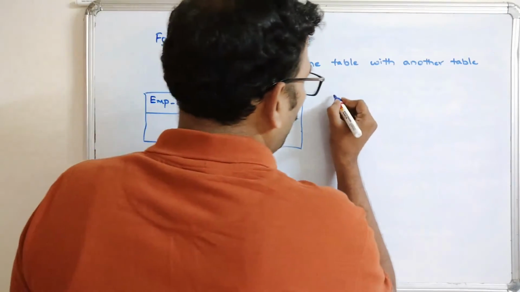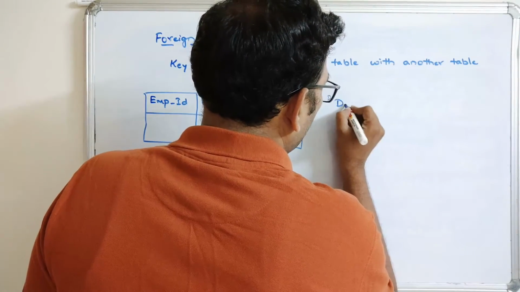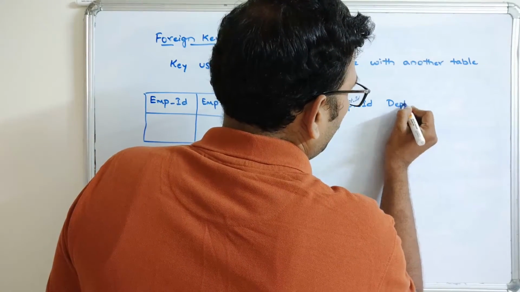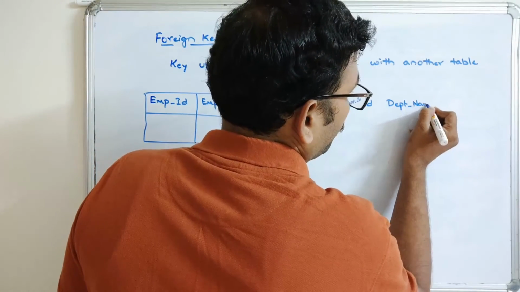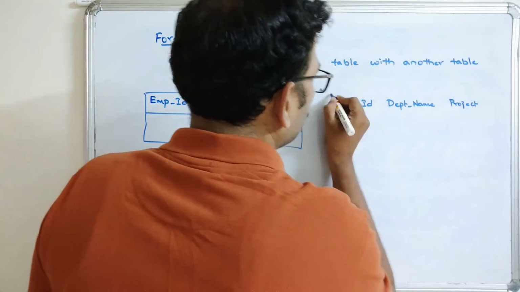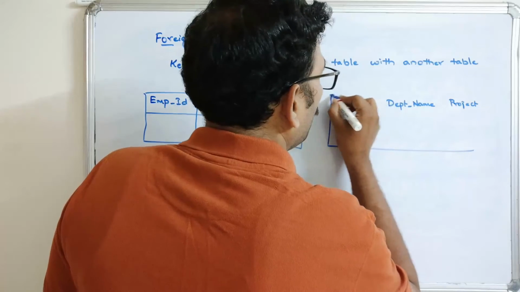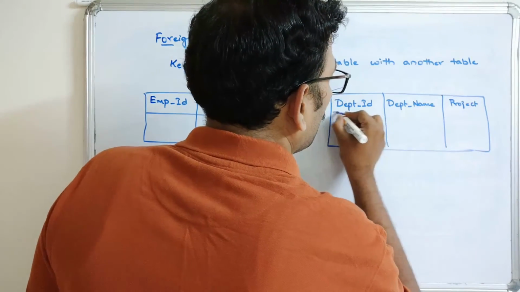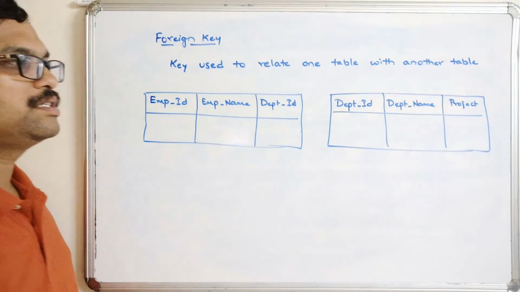And there is one more table called department, with DEPT ID, DEPT name and some projects. So this is one more table.